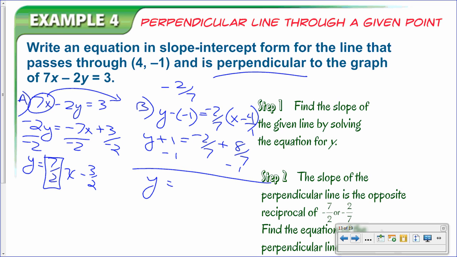How can I turn 1 into a fraction that has a denominator of 7? 7 over 7. So now 8 minus 7 gives me what? Plus or minus? Plus, isn't it?